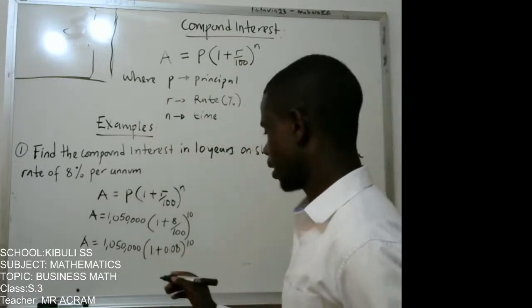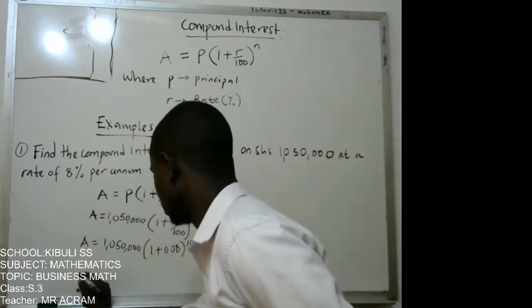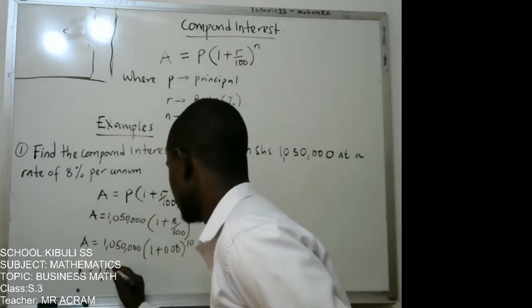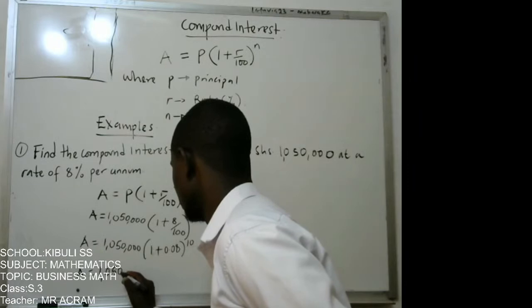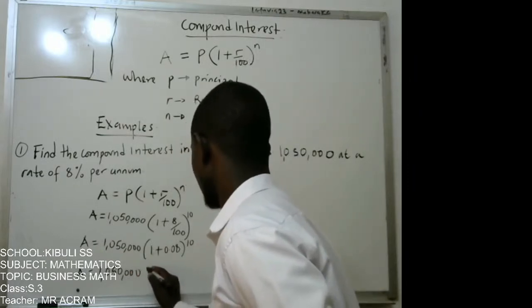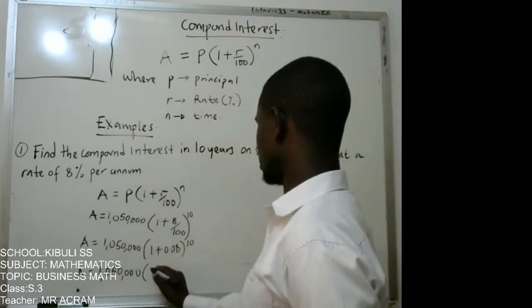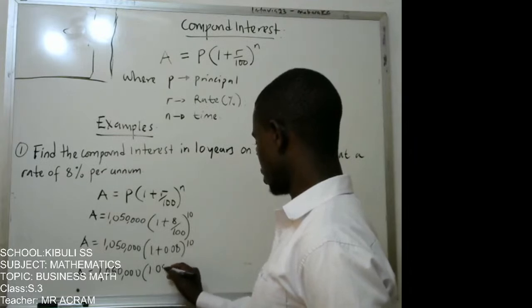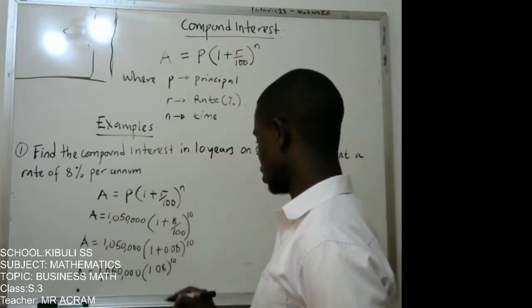And then our amount will be 1,050,000 into, when I add this and this, it will be 1.08 to power 10.